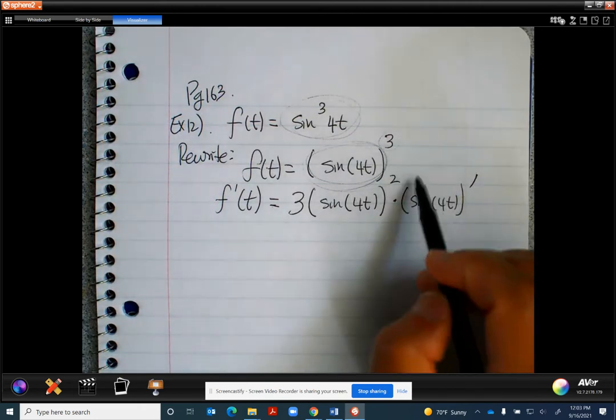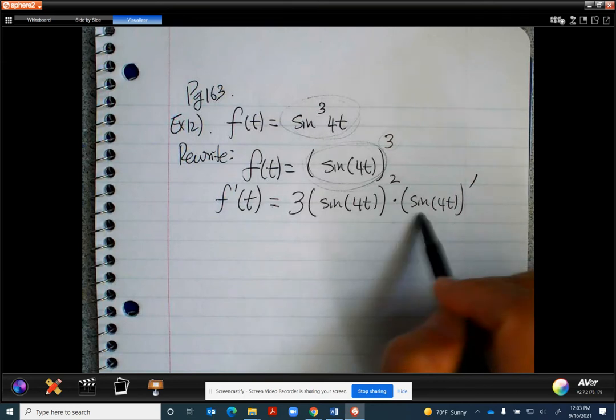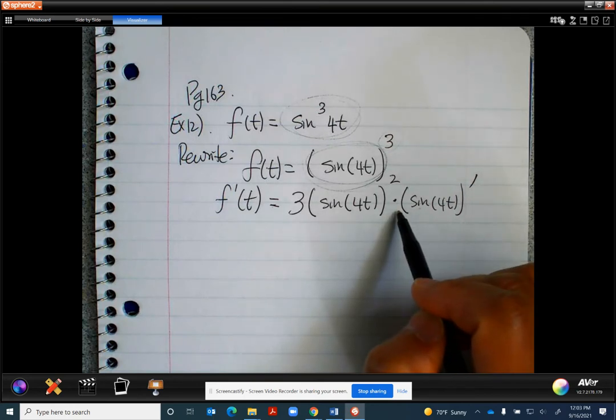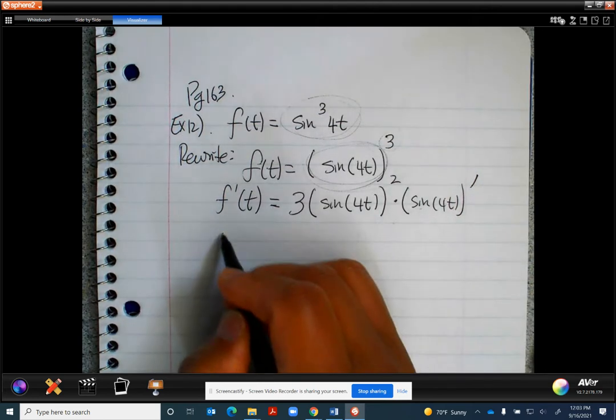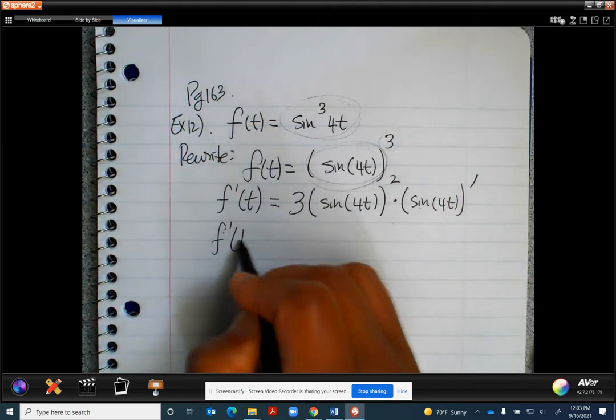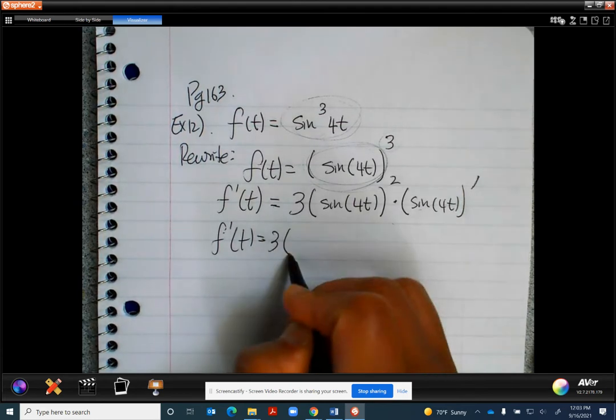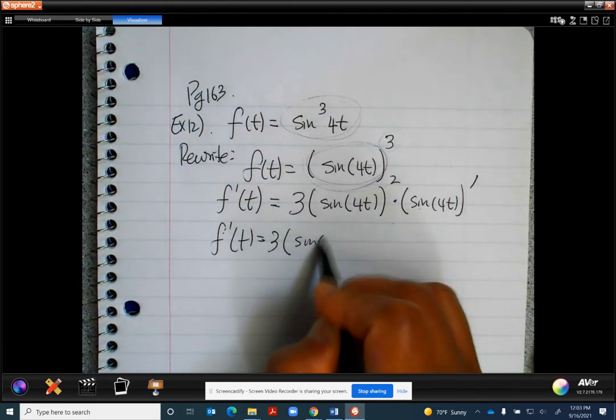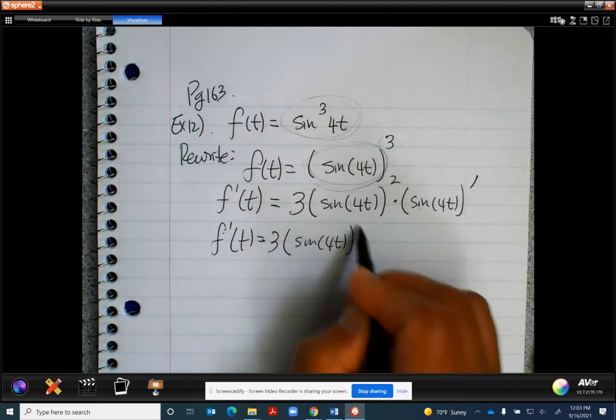This is where I use the chain rule. Do you see the chain rule? I used it. But you're going to see a chain rule again. This is our second chain rule. So f prime of t is 3 times sine 4t squared times.